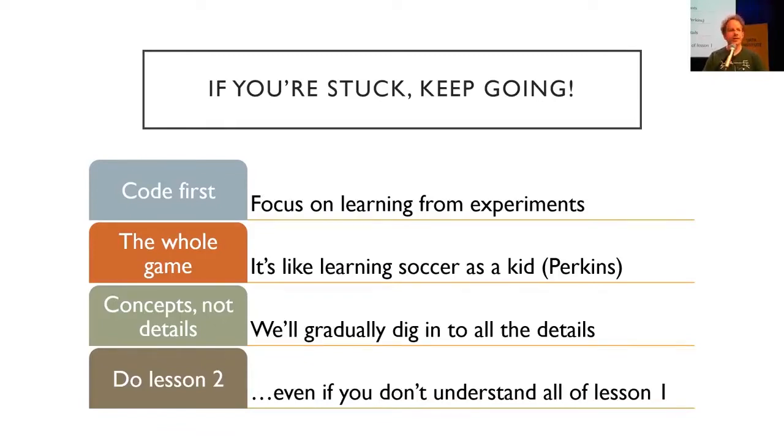No, you say, here's a ball. Let's watch some people playing soccer. Okay, now we'll play soccer. And then you gradually over the following years learn more and more so that you can get better and better at it. So this is what we're trying to get you to do: to play soccer, which in our case is to type code and look at the inputs and look at the outputs.